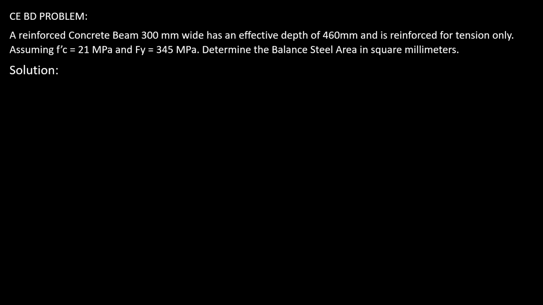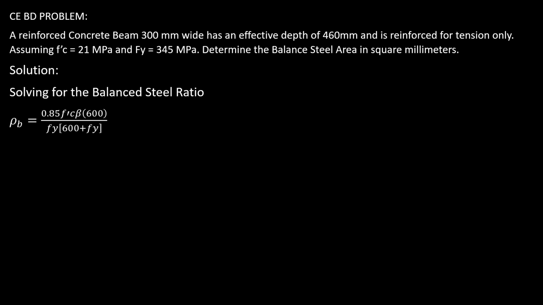For our solution process, in order to determine the balanced steel area in square millimeters, we have two steps. The first step is to solve for the balanced steel ratio first. Once we already have that, we can proceed to the next step, and that is to solve for the balanced steel area.